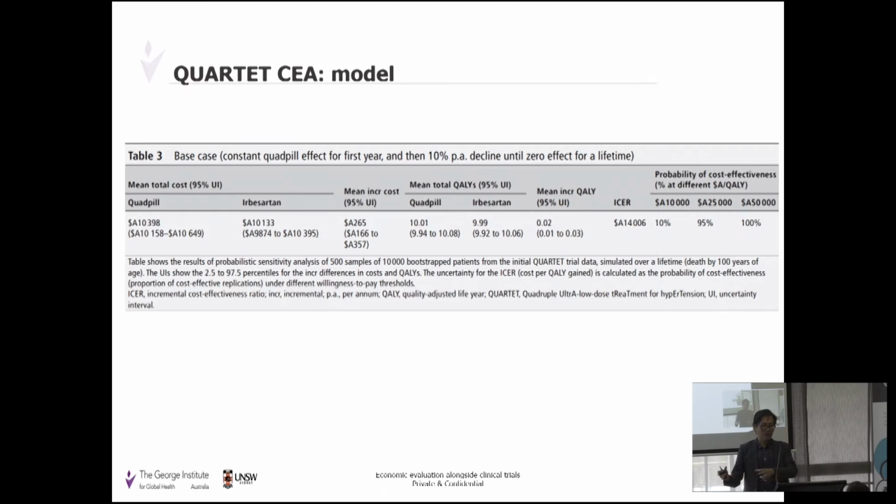It's almost like, how much of this is modelling and how much of this is trial in terms of the final finding? That gives you a sense of, well, can I believe this? Anyway, it is what it is. This is cost-effective at $14,006 per QALY gained.